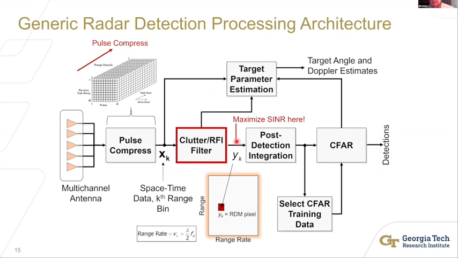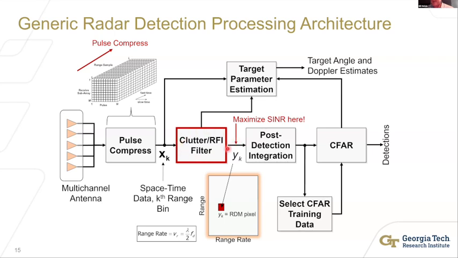Roughly at this point, we need about 9 to 10 dB of input SINR if we're going to combine 4 frequency hop coherent dwells to get a detection probability of 90% at a false alarm rate of 1 in a million. So the moral of the story is SINR is very important, and our goal is to maximize output SINR.